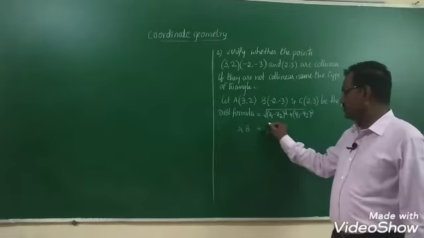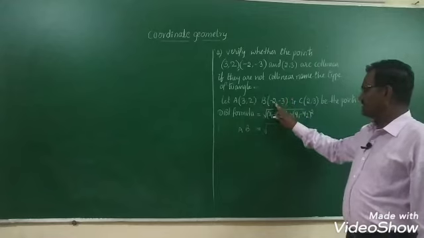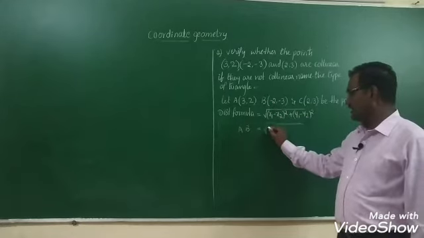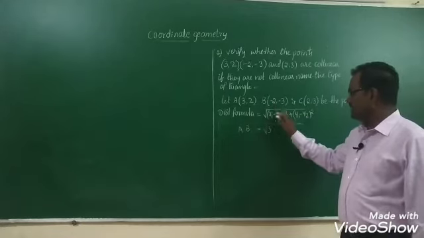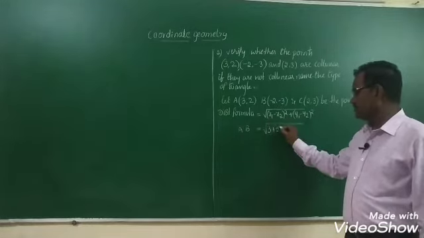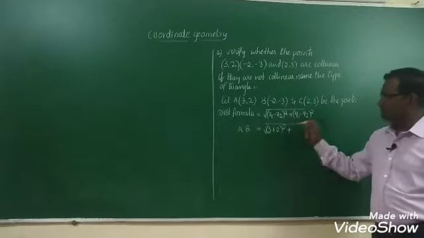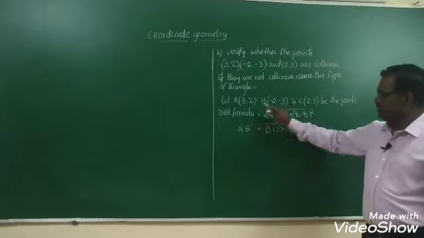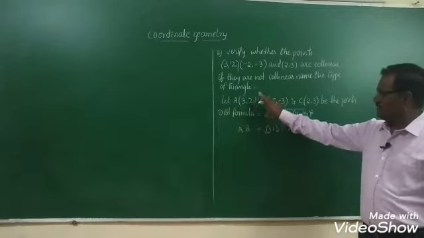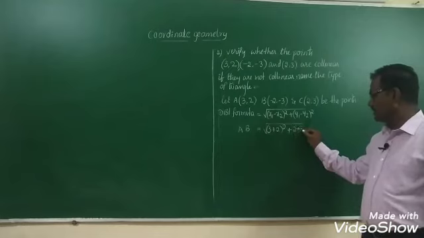So root of x1 minus x2, x1 is 3 minus of minus 2, that is 3 plus 2, whole square, plus y1 minus y2, that is 2 minus of minus 3, 2 plus 3, whole square.